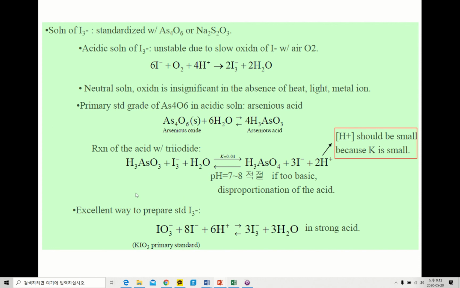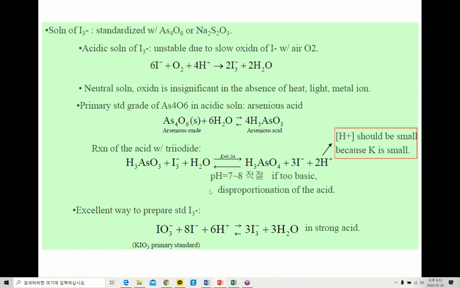All right, here is an excellent way to prepare a standard triiodide solution. So far we simply assumed that the triiodide solution is made of iodine and iodide. You dissolve iodine and add iodide to increase solubility.